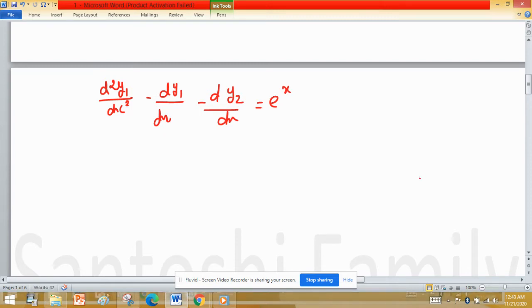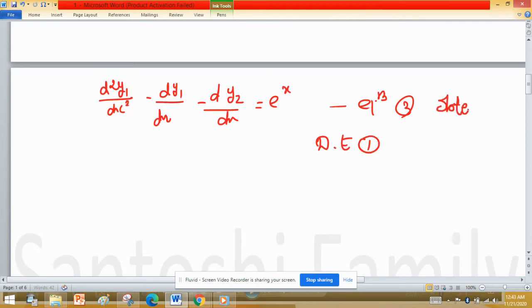This is equation 3, obtained by differentiating equation 1.